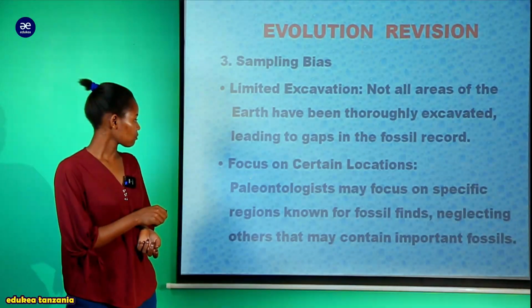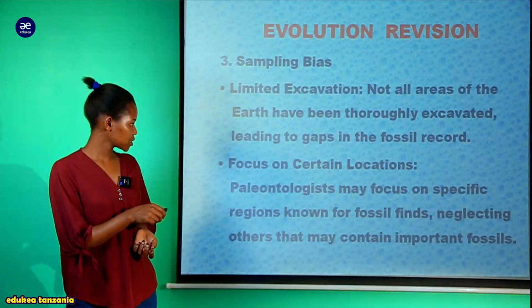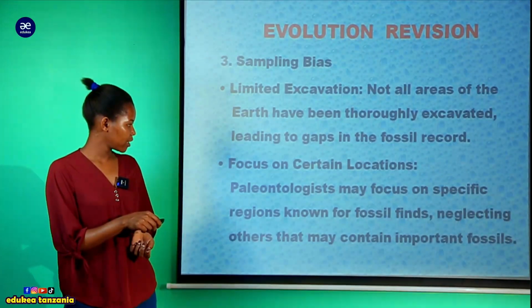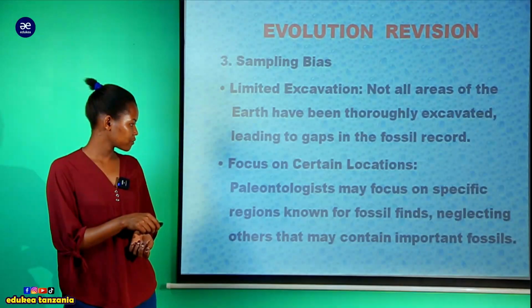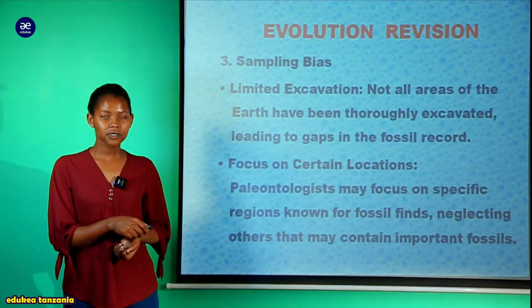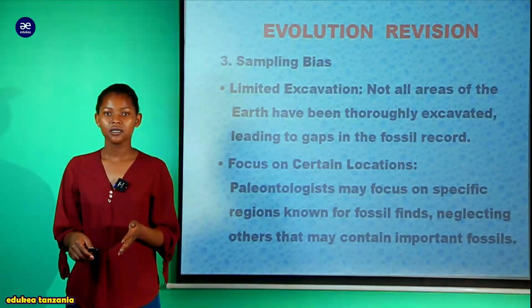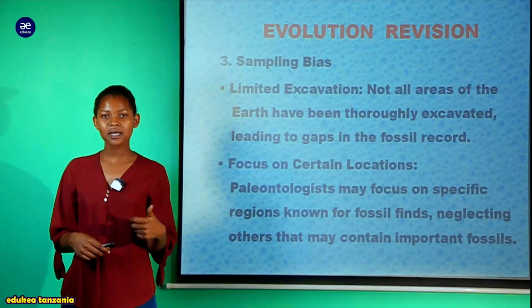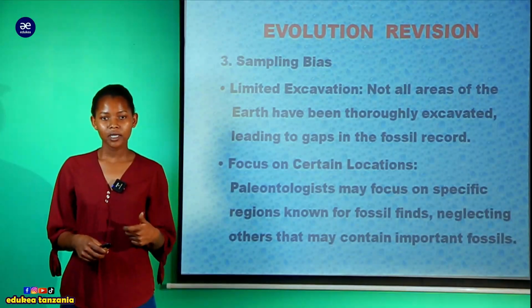Again, you can see focus on certain locations. Paleontologists may focus on specific regions known for fossil finds, neglecting others that may contain important fossils. That's what I stated. Kwamba wana focus kwenye eneo moja ambayo tunaita ni sampling bias ama sampling problems.